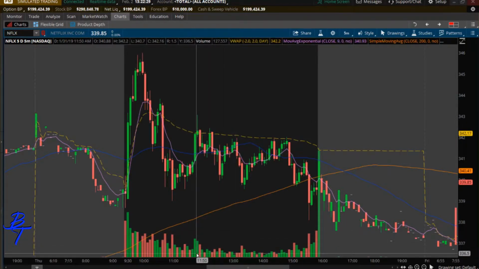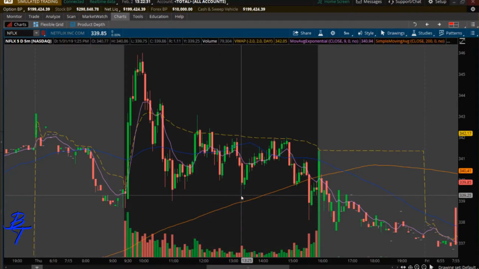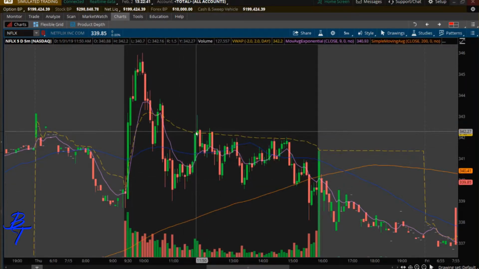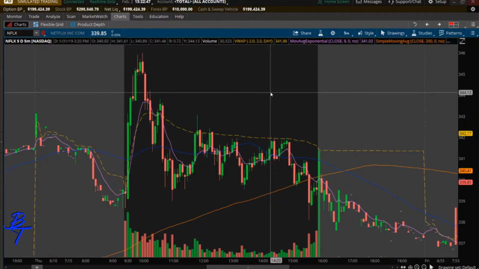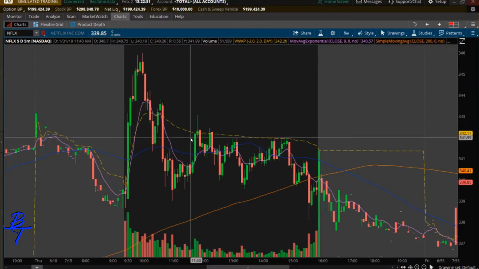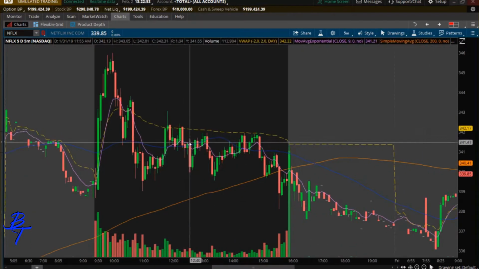Then you may have a lot of selling or buying, depending on the news and catalysts in different stocks. Like Netflix may have a conference call or earnings in the middle of the day that can make the stock spike up or dump out.